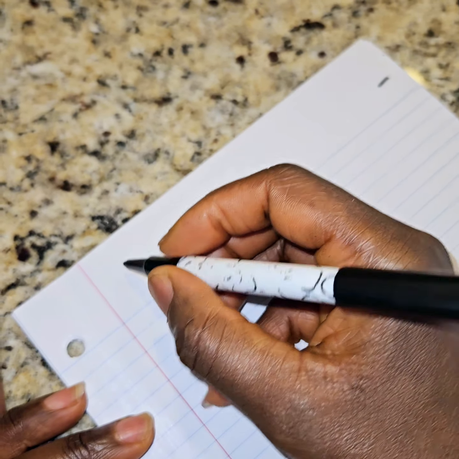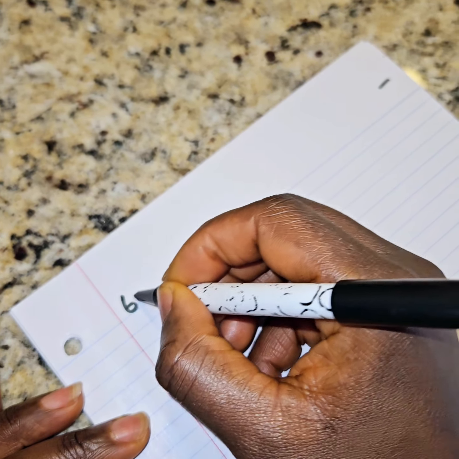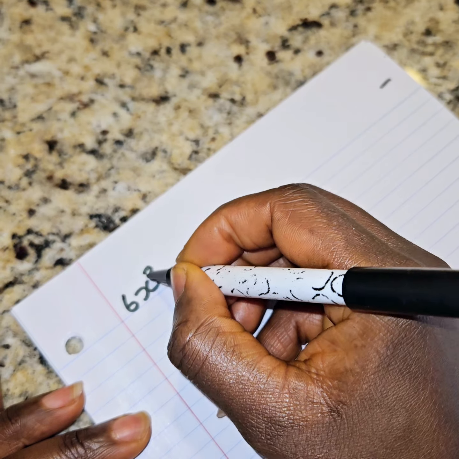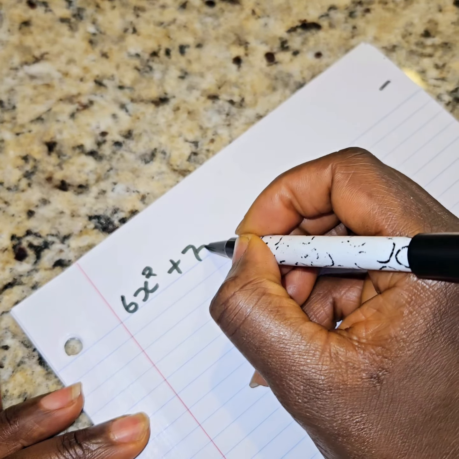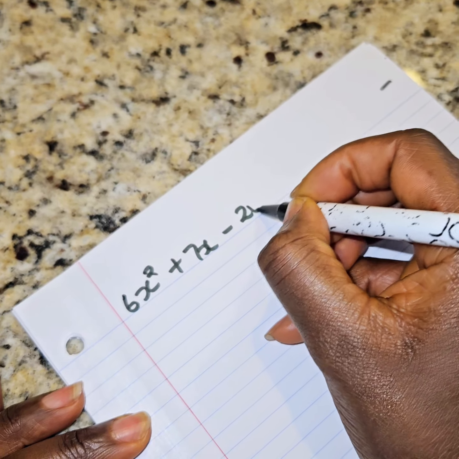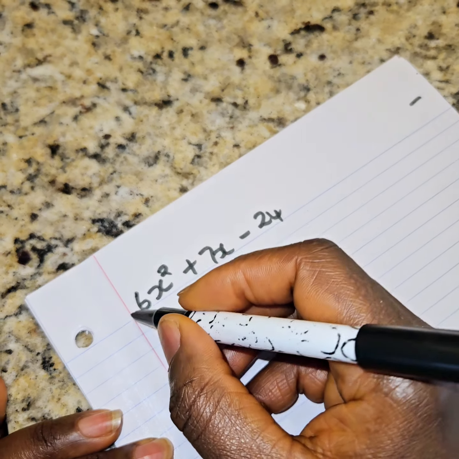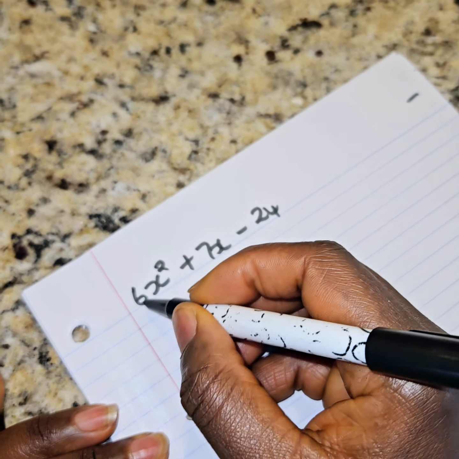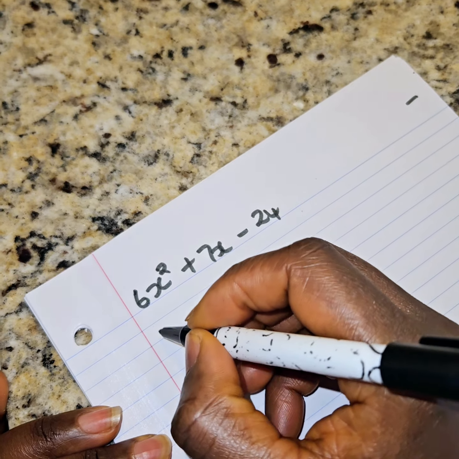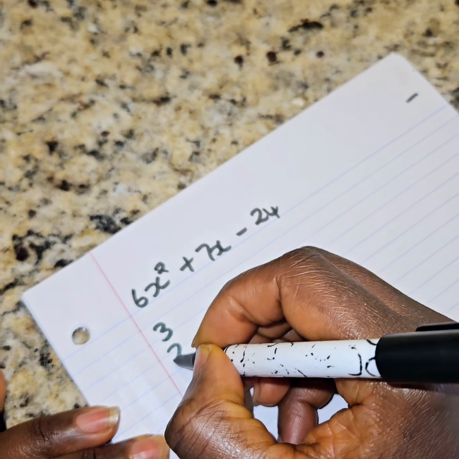So I remember we factorized the equation 6x squared plus 7x minus 24. And remember, to factorize this, we said we have to look for two numbers that when we multiply give us 6, which we took 3 and 2.